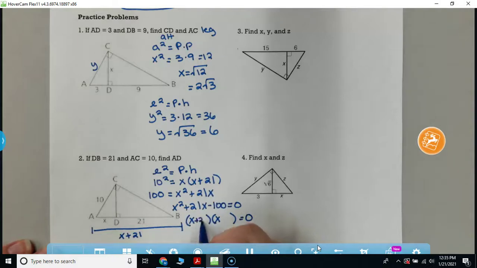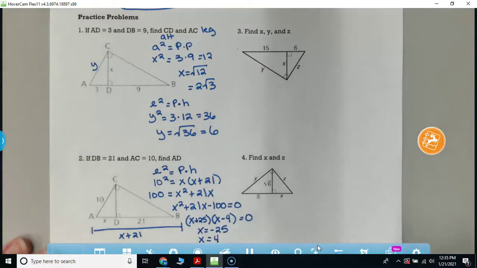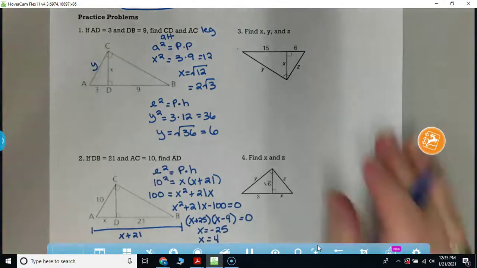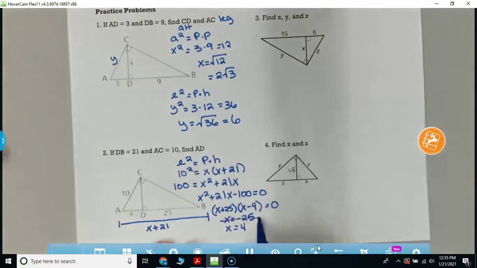And that's going to be positive 25 and negative 4. So if I solve that, I set each parentheses equal to 0. I get that x is negative 25, and x is positive 4. And I cannot have a negative length. So this is an extraneous solution, and x equals 4 is the correct answer for AD.